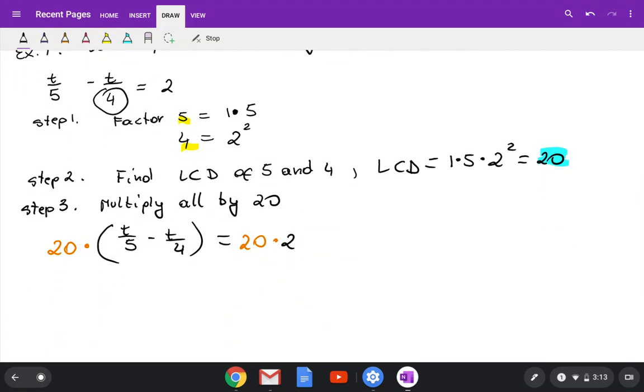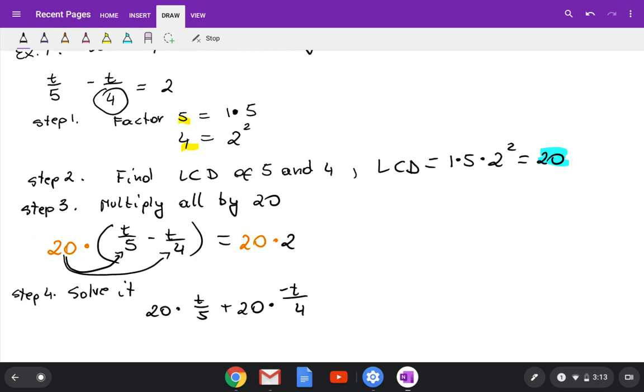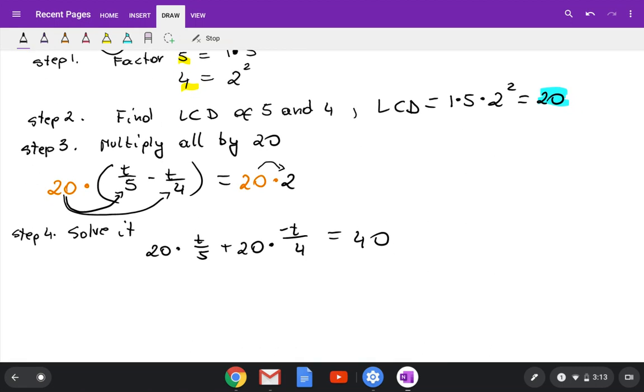So now we're going to solve it. When you're going to solve it, remember that you have to distribute 20 to both. So we will end up with 20 times t over 5 plus 20 times negative t over 4, equal to 20 times 2, which is 40. So let's simplify that.